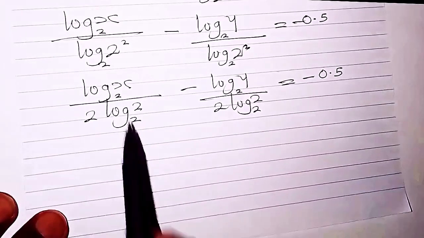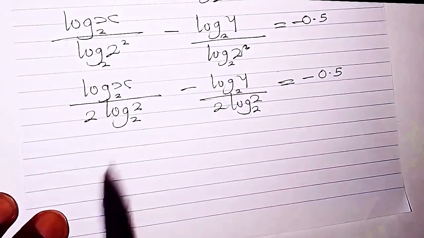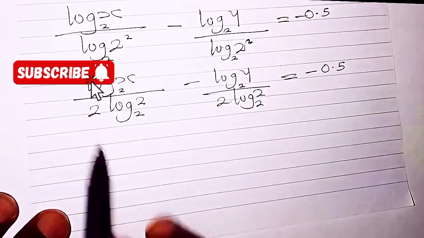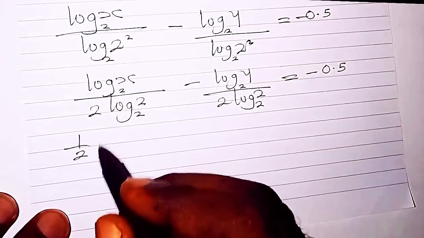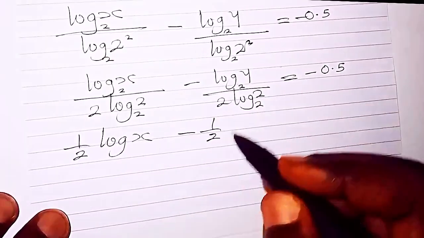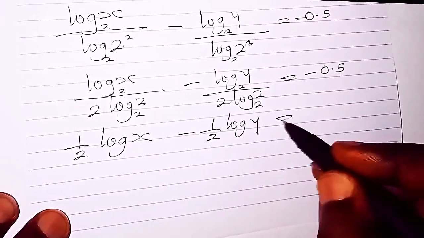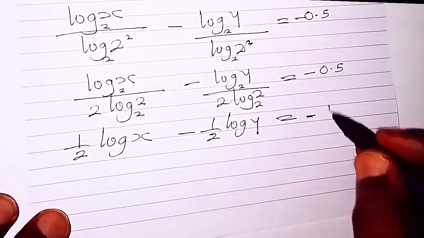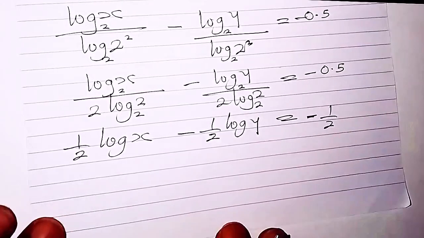Remember, log 2 to itself base 2 gives us 1. So basically what we have there is 1 over 2 as the coefficient: 1 over 2 log x minus 1 over 2 log y equals minus 1 over 2, that's 0.5 there.